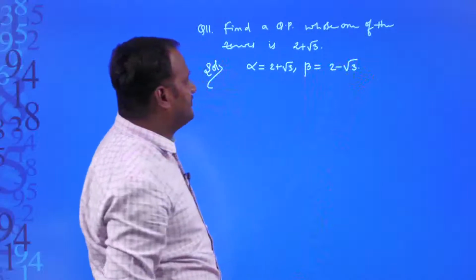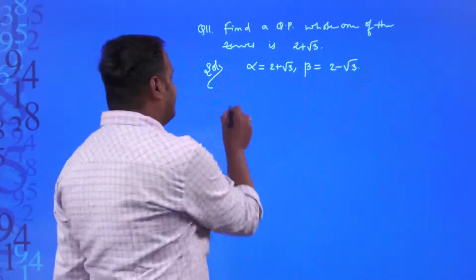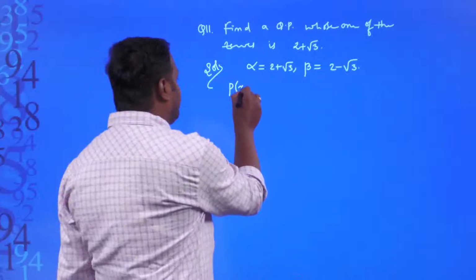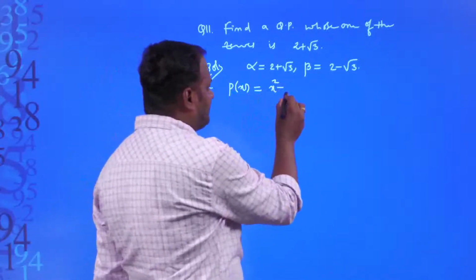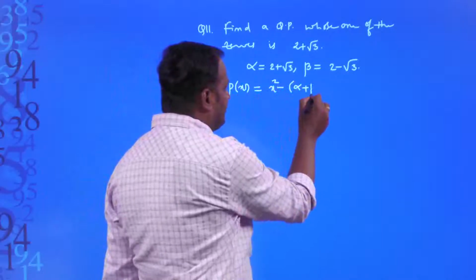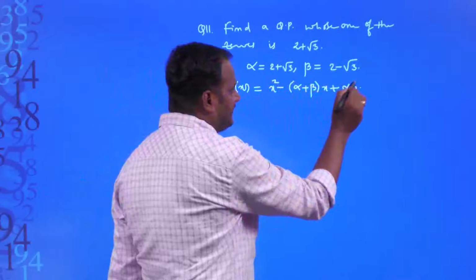So, what is the quadratic polynomial when two zeros alpha and beta are given? That required quadratic polynomial is p of x is equal to x square minus of alpha plus beta times x plus alpha into beta, right.